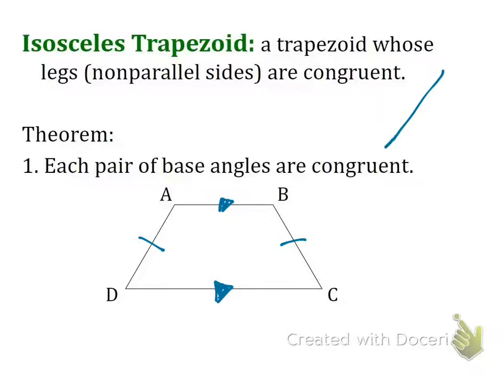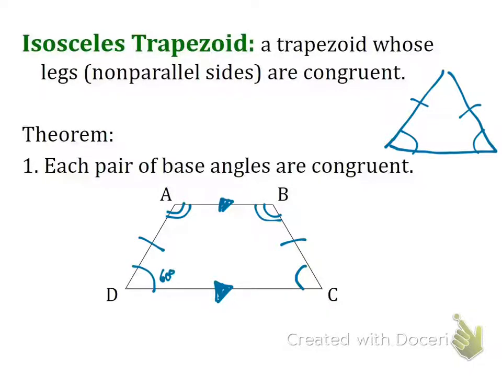We had isosceles triangles, where two of the sides were congruent, then the opposite angles were congruent. This is almost the exact same thing. Angle D and angle C are going to be congruent, and angle A and angle B are going to be congruent.